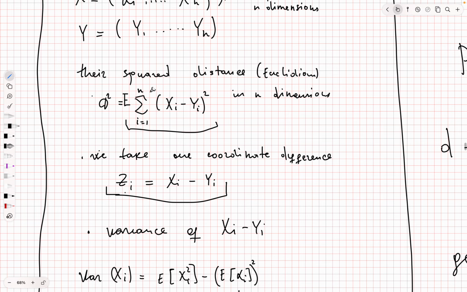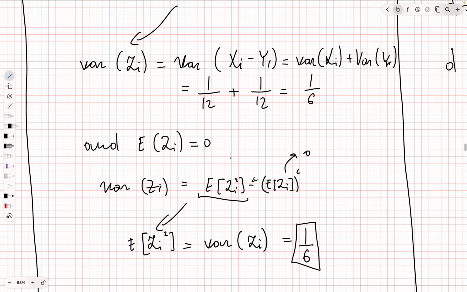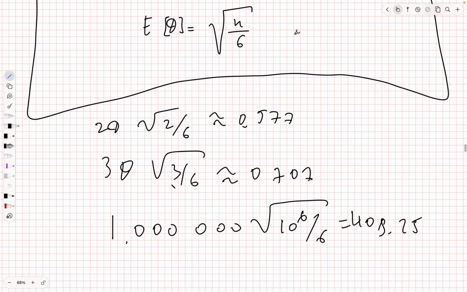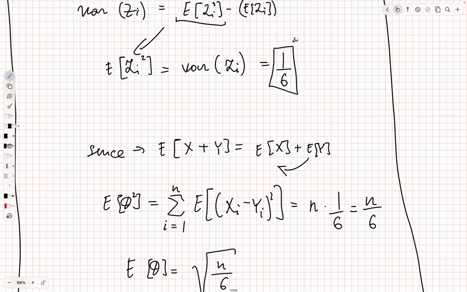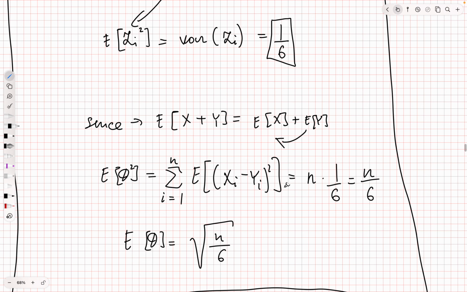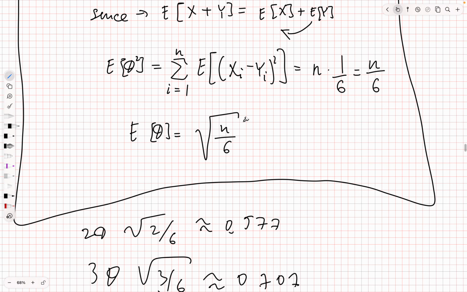And we know that for one coordinate difference, the expected value was 1 over 6. Using this property and the result that we got from here, we can just write it as n multiplied by 1 over 6, which is n divided by 6. And approximately, if the expected value of d squared is n over 6, then the expected value of the distance itself will be the square root of n over 6.